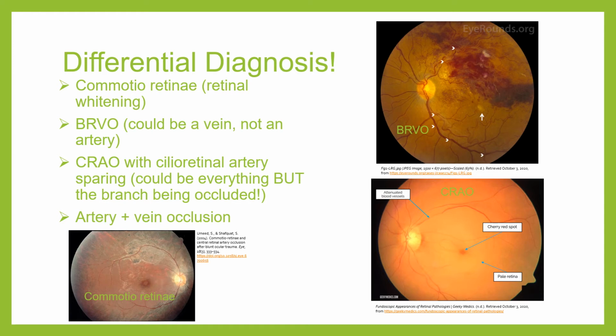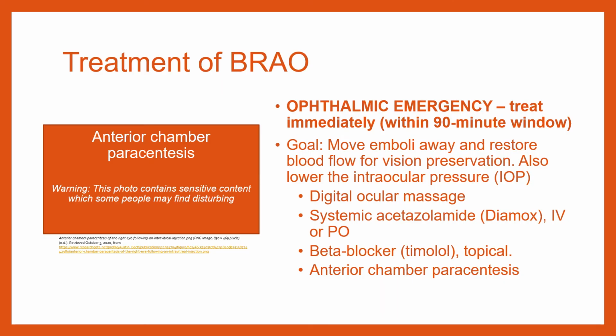This is more of an urgent matter where everything except for that branch is occluded. Lastly, instead of just the artery, both the artery and the vein could be occluded. So like this picture warning says, this photo contains sensitive content. So if you're not a fan of opening the eyelids with a speculum, fast forward a few seconds.